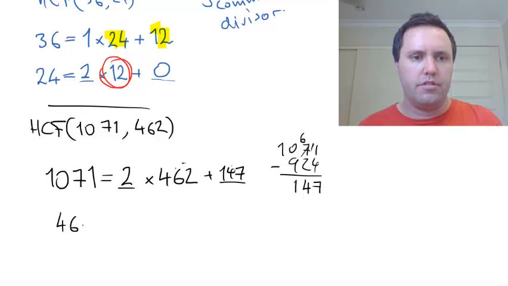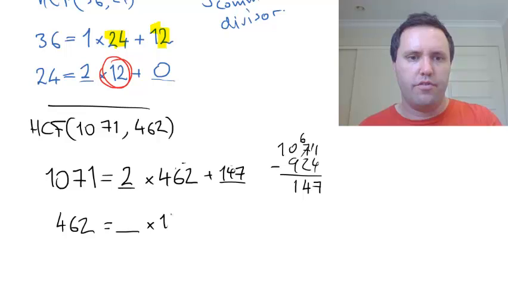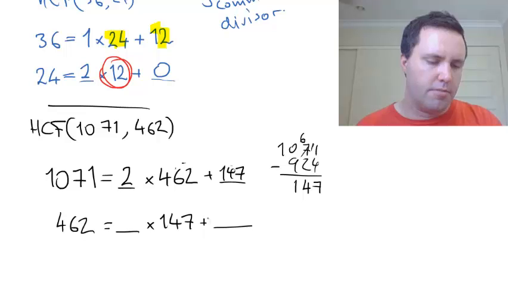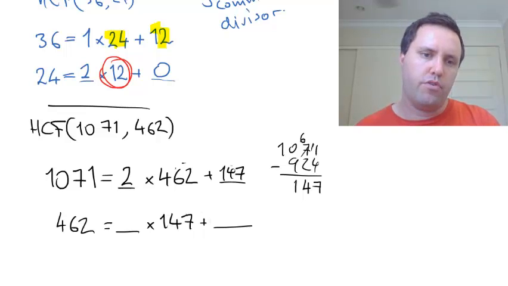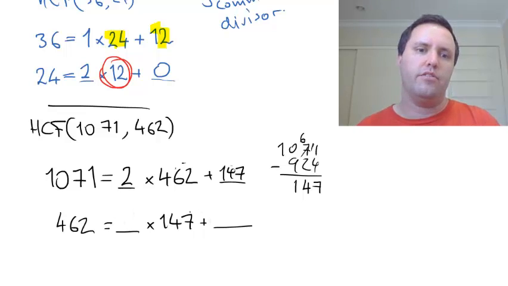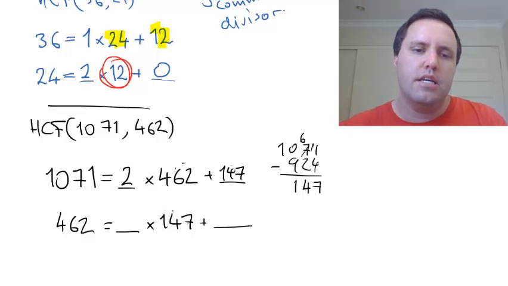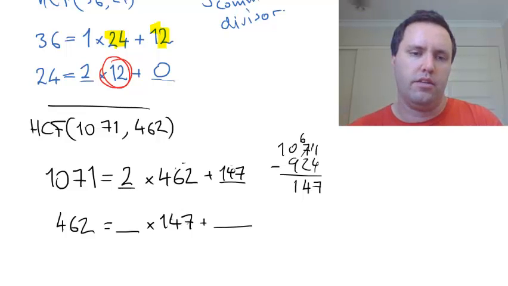So 462 is equal to some amount of times 147, plus some remainder. Let's think about this. 2 times 147 will be 294, so maybe we'll fit 3 in this. Let's think, 3 times 147 is 441.